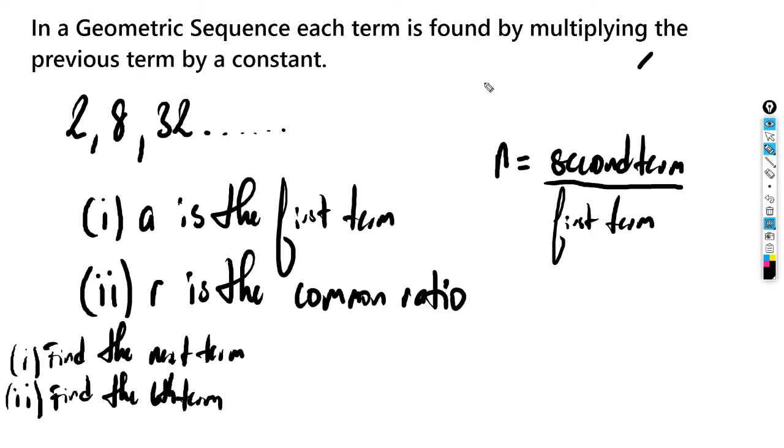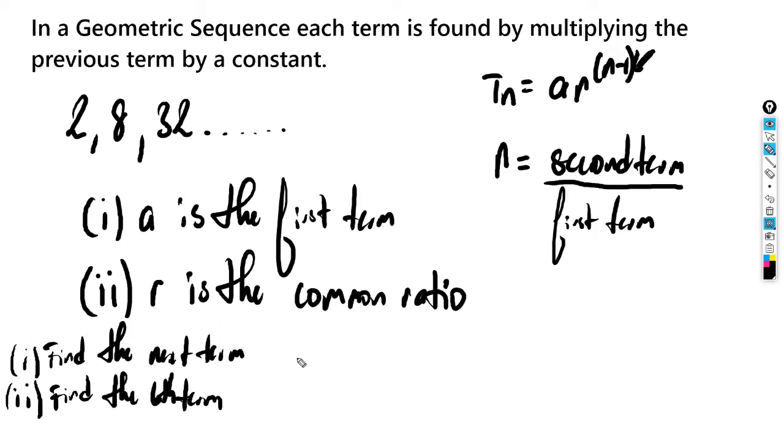Remember the general formula is a times r to the n minus 1. So this n minus 1 is the power for r.